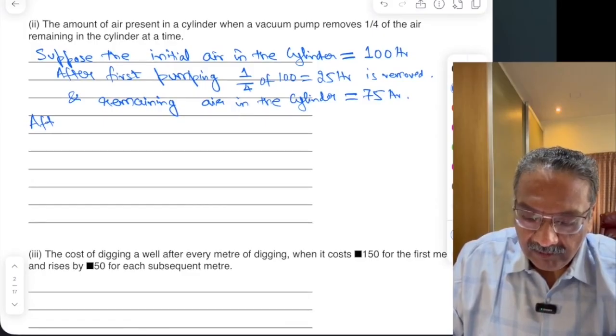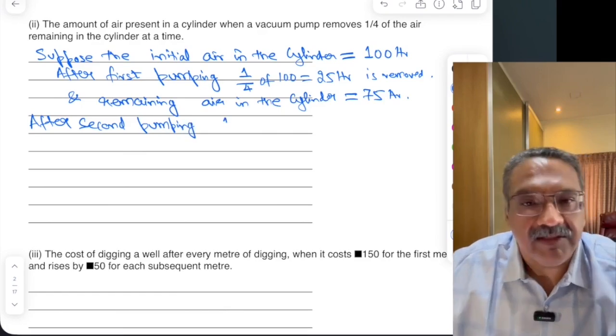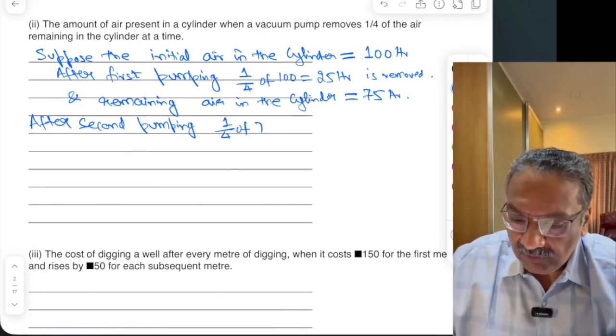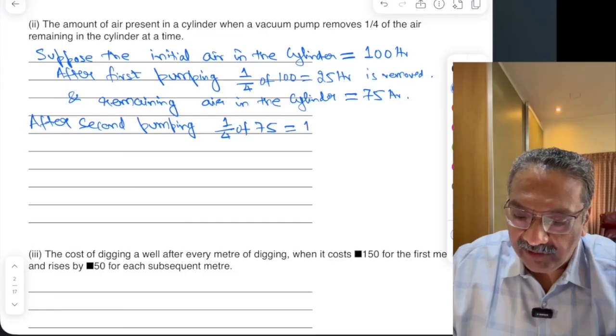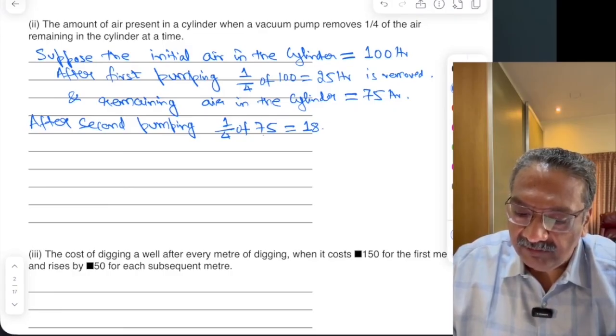Now, after second pumping, 1/4 of 75. How much is 1/4 of 75? 8 ones are 8, 4 ones are 4, 3 remaining 35, 4 8s are 32, 3 remaining, so 0.75, 18.75 liters is removed.